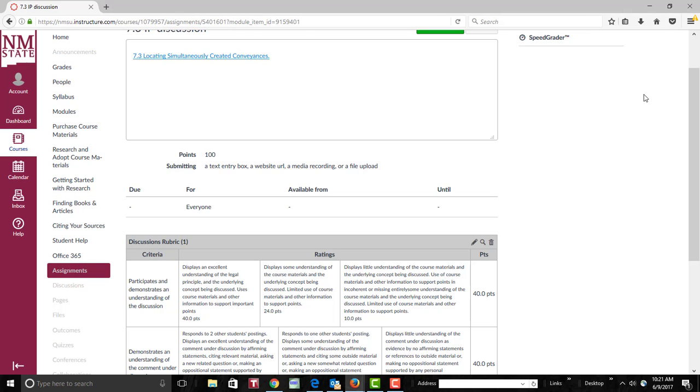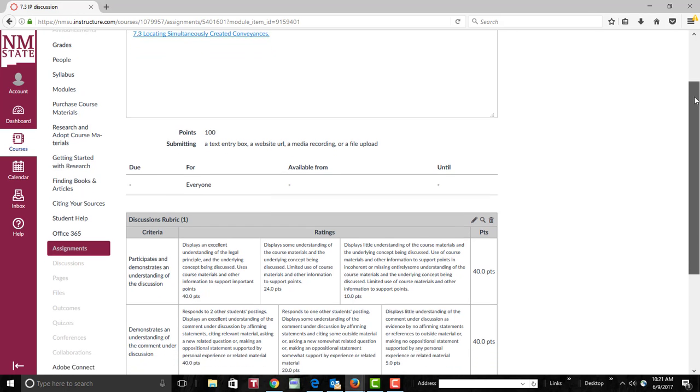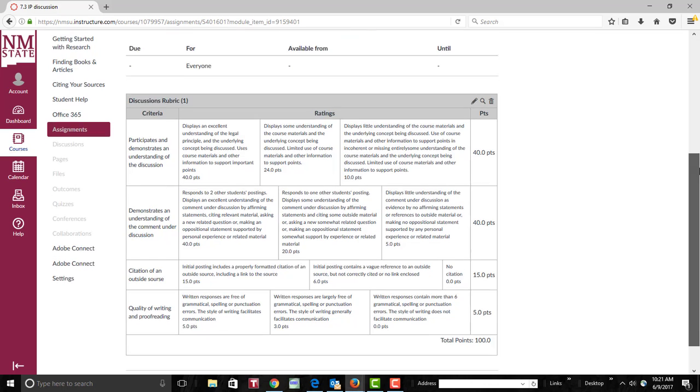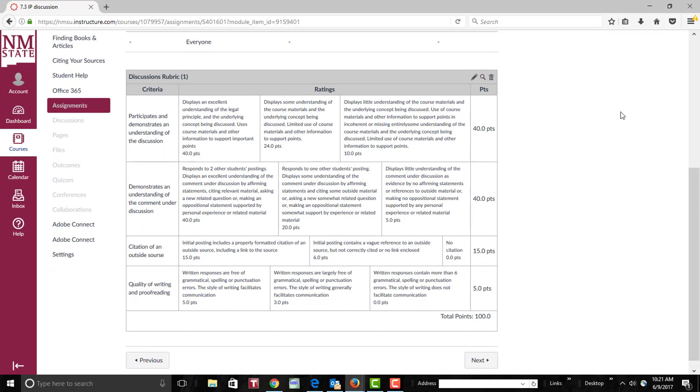You can include website URLs, you could include a media recording, or indeed you could upload a file to the discussion board. And I fully expect that you will not only participate in the activity, but you'll notice once again that 40 points of this 100 relates to your participation in the discussion by responding to other classmates.